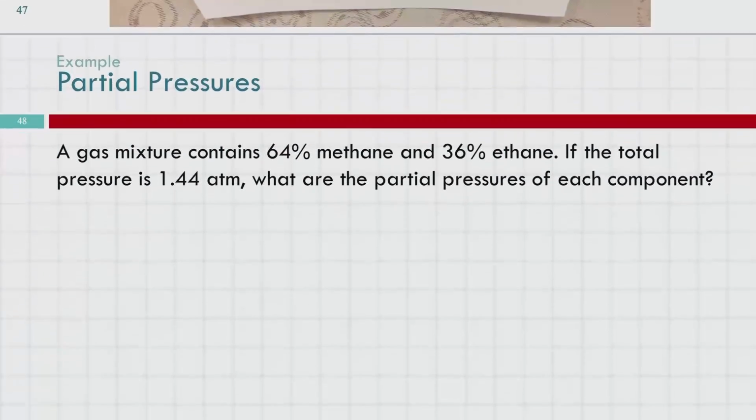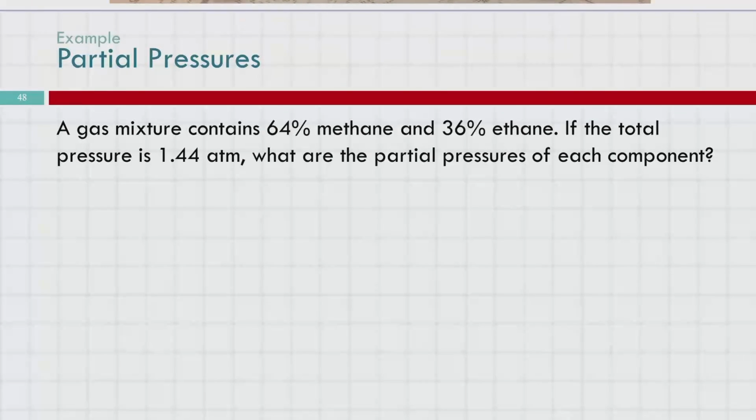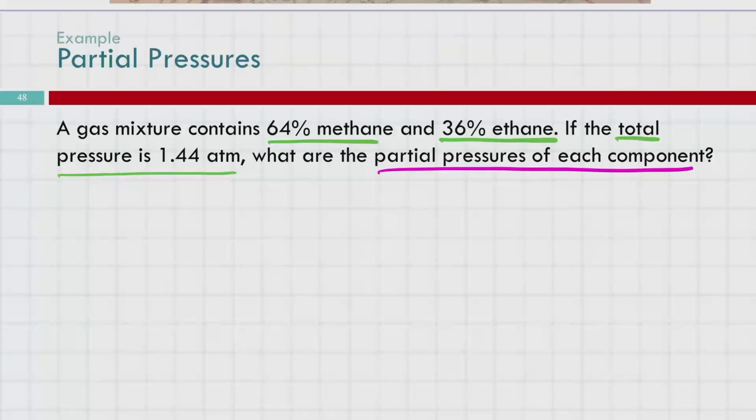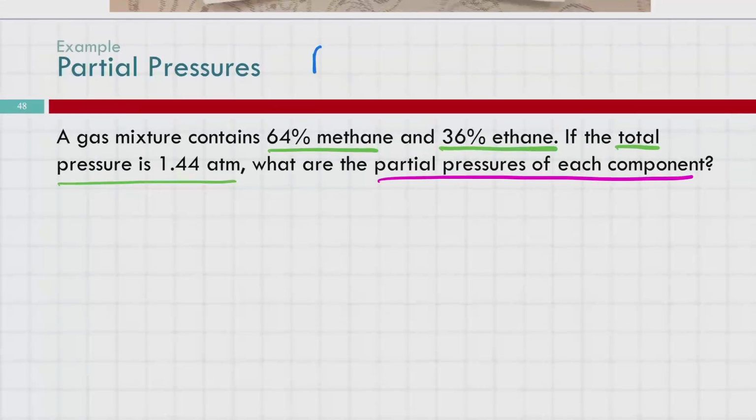All right, example. A gas mixture contains 2 flammable gases, methane and ethane. It's 64% methane, 36% ethane. If the total pressure is 1.44 atmospheres, what are the partial pressures of each component? So again, the mathy way that we write out that partial pressure formula: the partial pressure of A is the fractional composition of A, that's percent divided by 100, times the total pressure.